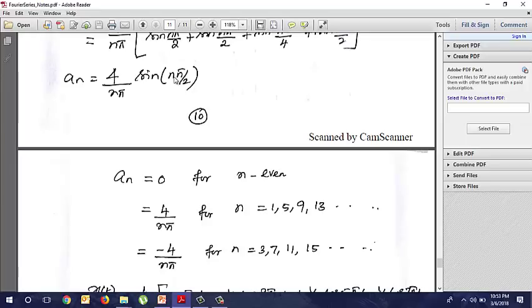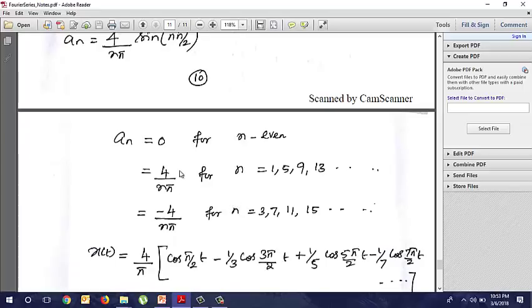It will be 1. If n is equal to 3, it will be 3 pi by 2, so it will be minus 1. For n equal to 5, it will be again plus 1. For n equal to 7, it will be minus 1 and so on. So again you can generalize it as An equal to 4 by n pi, where this term becomes plus 1 for these values of n and minus 1 for these values of n.